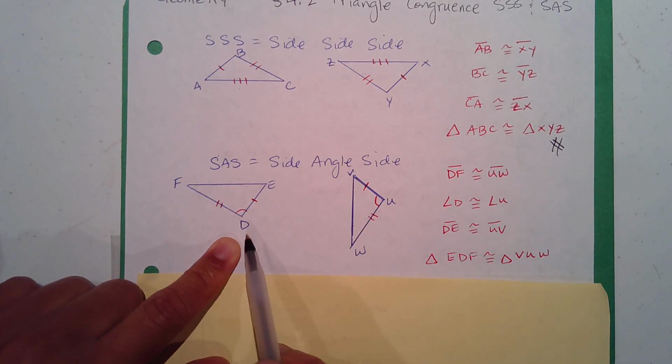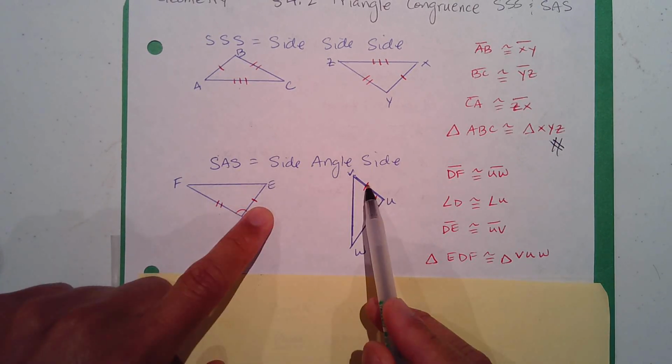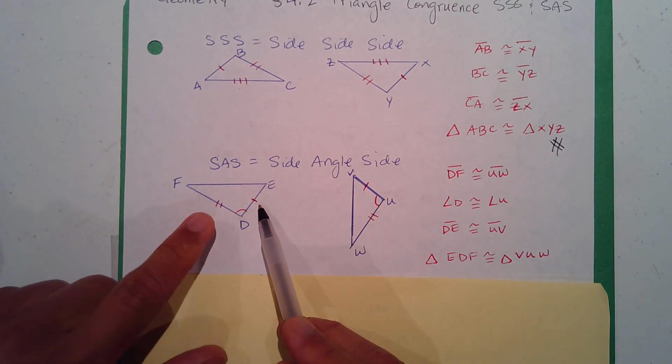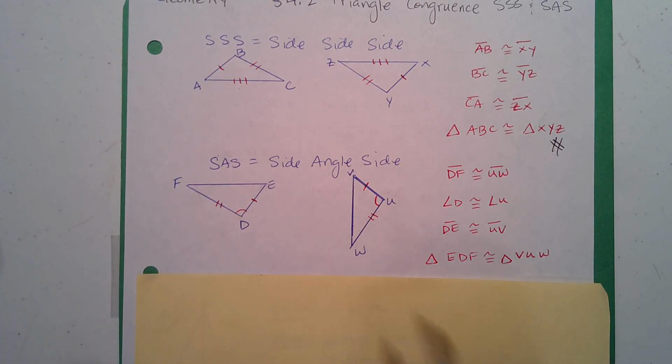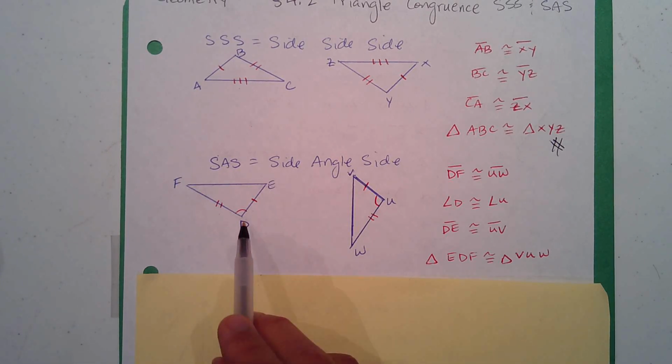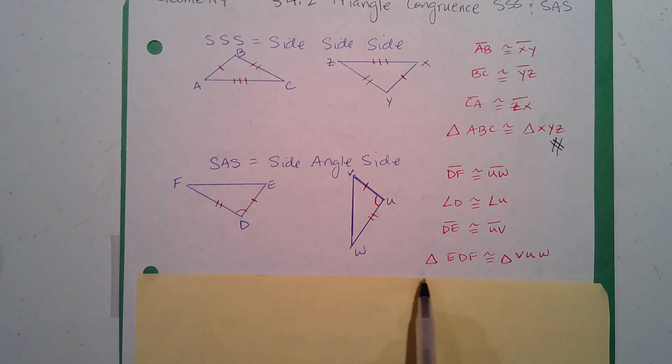So if you have what we call a side, angle, side, the angle has to be between the two sides that are marked congruent. Then we could use the SAS theorem to state that triangle EDF is congruent to triangle VUW. And again, these are corresponding parts.